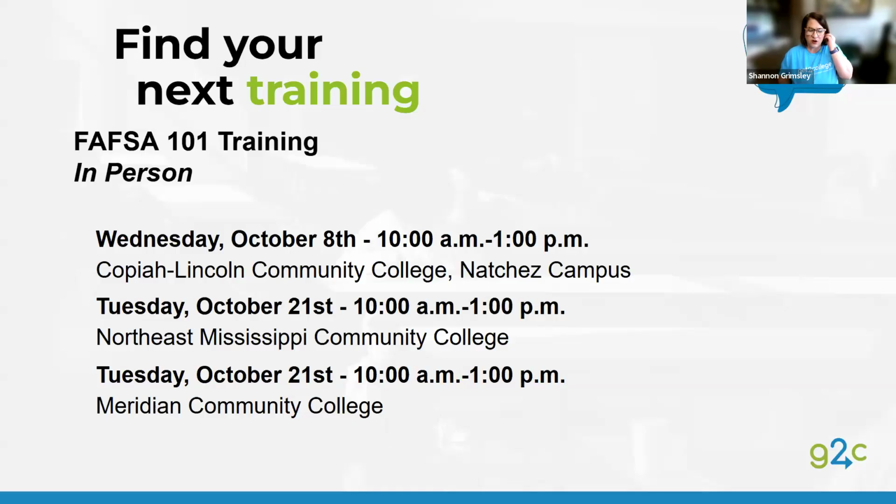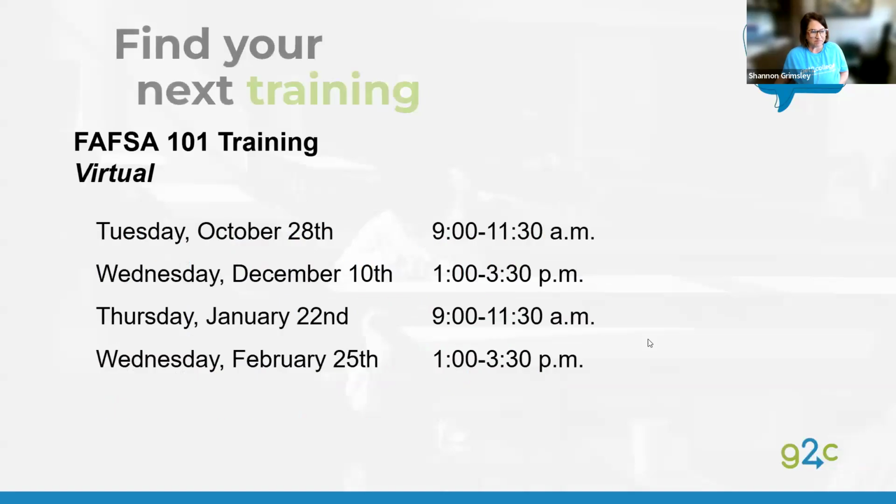So that is why we offer an opportunity for FAFSA 101 training. We've already done a couple, but we've got a couple more coming up in October, one tomorrow in Natchez. Then if you're in the Northeast Mississippi Community College area, we'll be having one there on October 21st. And then we'll also be in Meridian on October 21st with that FAFSA 101 training.